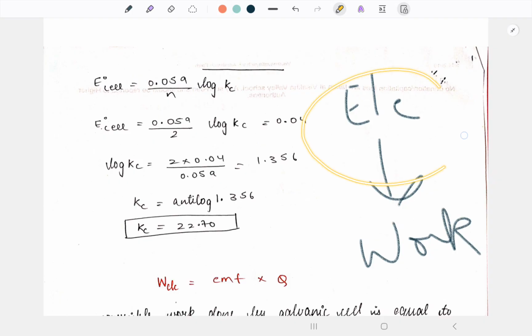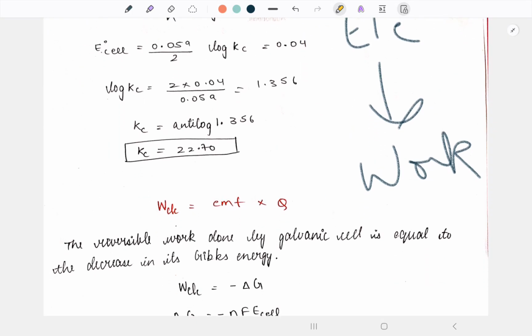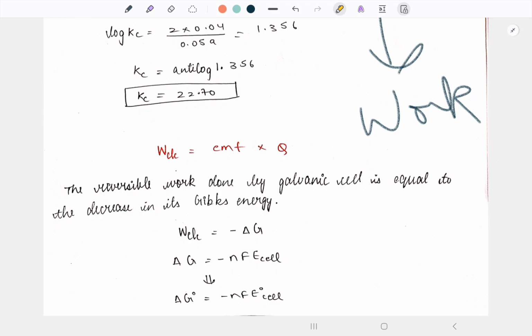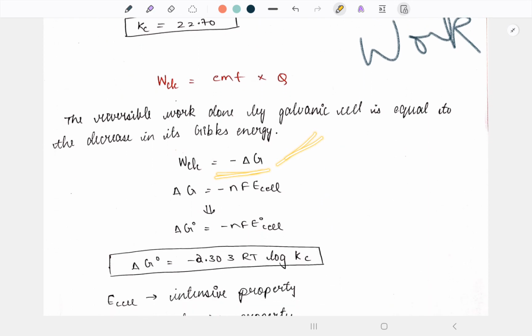The electric work done in 1 second is the product of EMF and the charge which is passed. To obtain the maximum work from the galvanic cell, the charge has to be passed reversibly. So the reversible work done by the galvanic cell is equal to the decrease in the Gibbs energy. That is, work done is equal to negative of delta G. We know the delta G formula to be minus nFE cell.